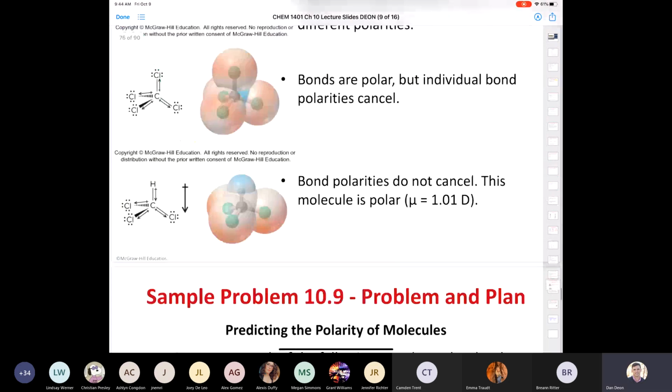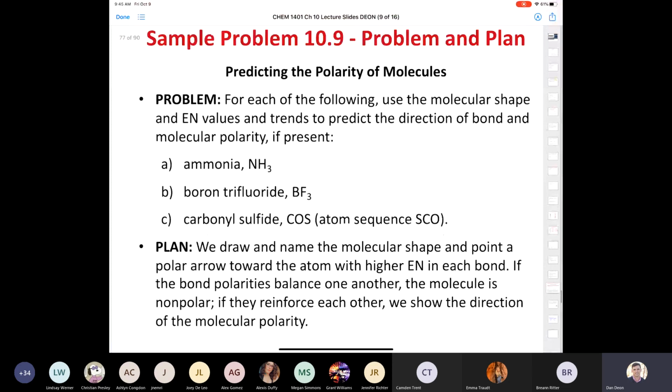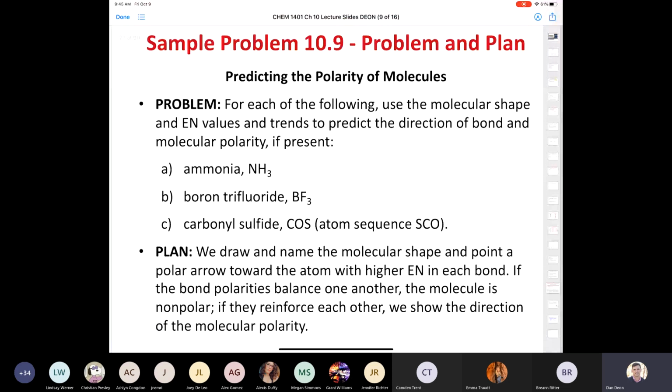Well, now that we've looked at some examples, let's try an example as a group. There's a big difference between seeing a solution worked out in front of your eyes, which usually makes sense to students, and being able to do the problem yourself.